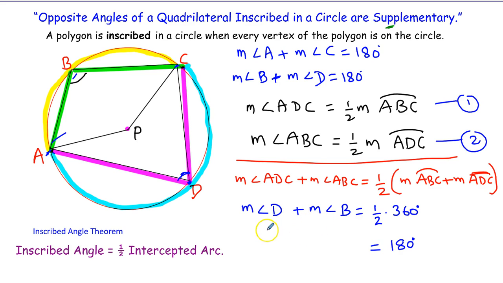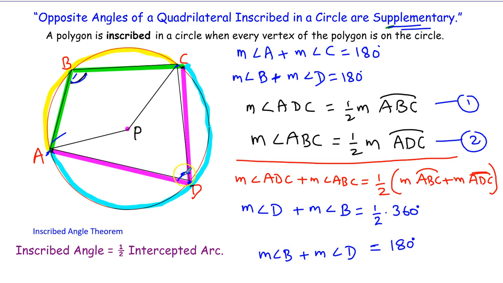It is the measure of angle D plus angle B. Or I can also write it as measure of angle B first, because I am looking for B plus D, plus the measure of angle D is equal to 180 degrees. That is, these two opposite angles are supplementary. We proved that the total is 180 degrees.